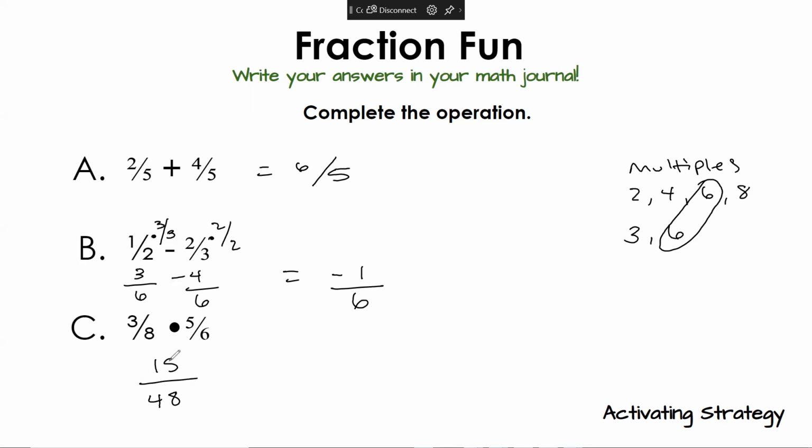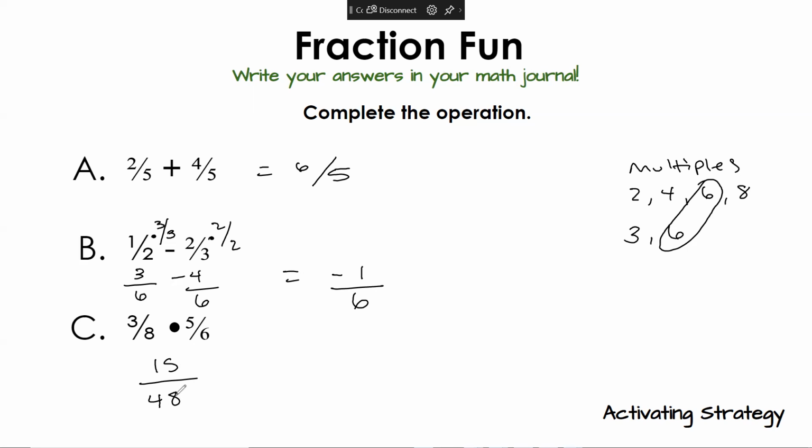Okay, is there any way to simplify this? Yeah. Can you take out a greatest common factor? What's the greatest common factor from the top and the bottom? 15. Okay, what's 48 divided by 15? That's 3.2. So is that going to work?